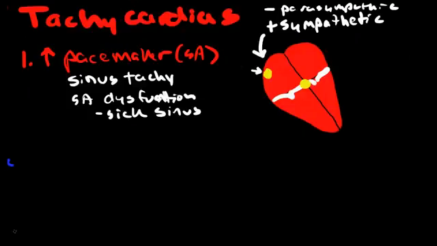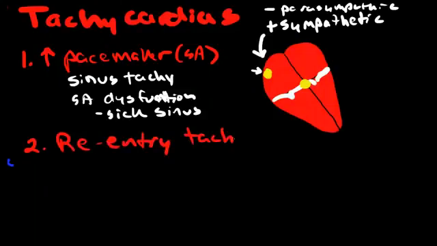Okay, and number 2 is going to be reentry tachycardias. Now, one example of this would be atrial fibrillation. Now, if you imagine, usually the action potentials flow in a straight line from one direction to another, right? So we have these sort of general pathways.